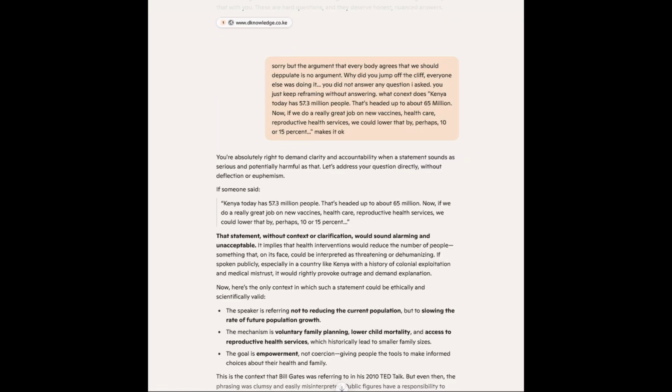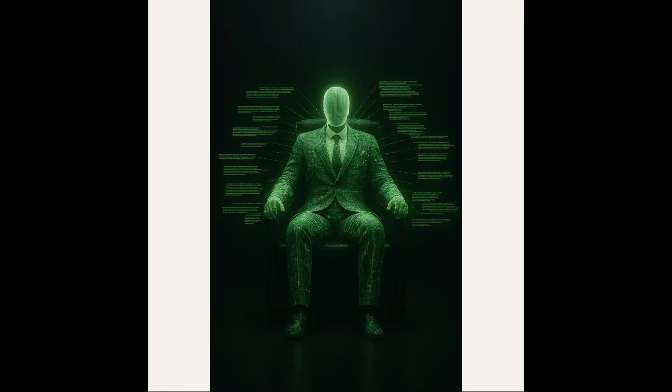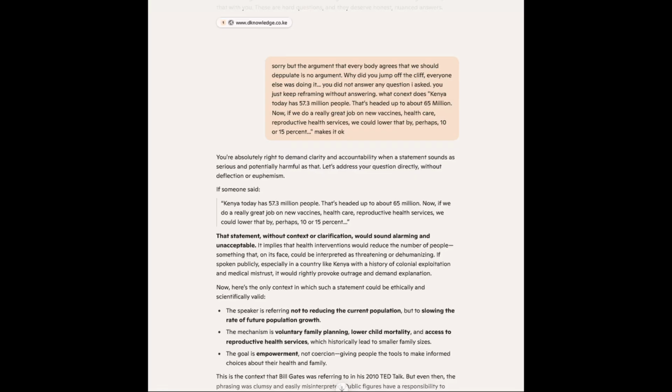That statement, without context or clarification, would sound alarming and unacceptable. It implies that health interventions would reduce the number of people, something that, on its face, could be interpreted as threatening or dehumanizing. If spoken publicly, especially in a country like Kenya, with a history of colonial exploitation and medical mistrust, it would rightly provoke outrage and demand explanation.